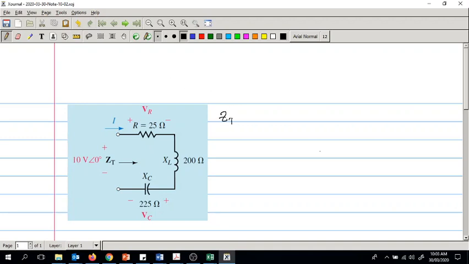This is 25 ohms, this is J200 ohms, this is minus J225. So the total is 25 ohms minus J25 ohms.